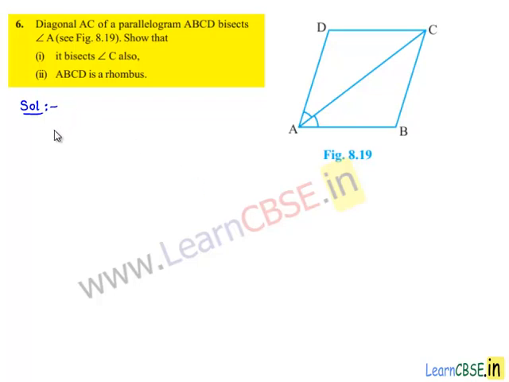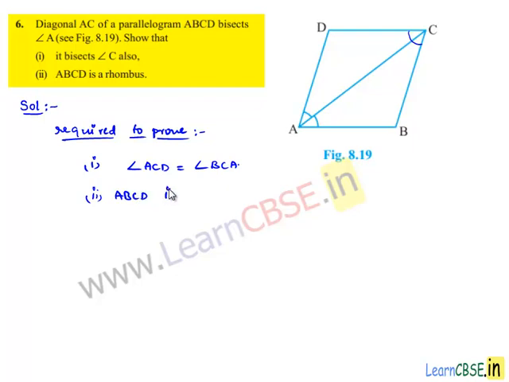Now we are required to prove from the above figure details that AC bisects angle C. That means we need to prove that angle ACD is equal to angle BCA, and second thing, ABCD is a rhombus.